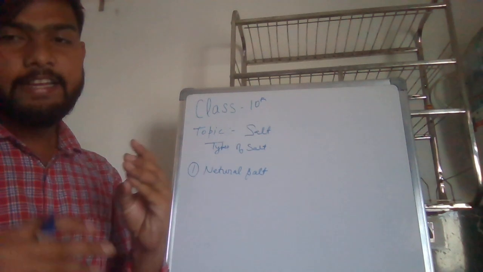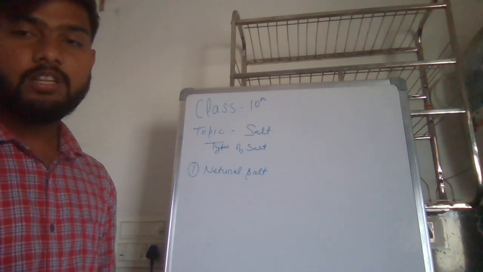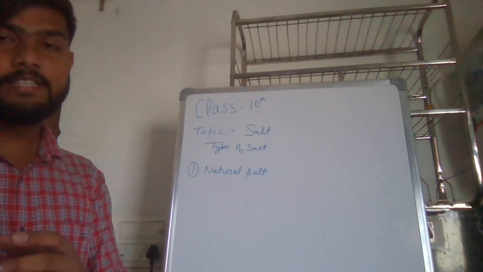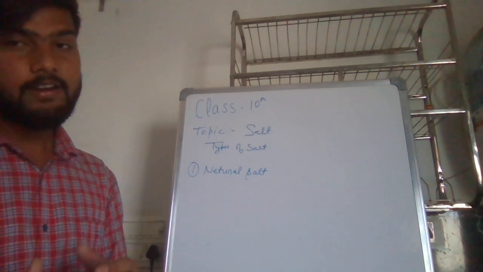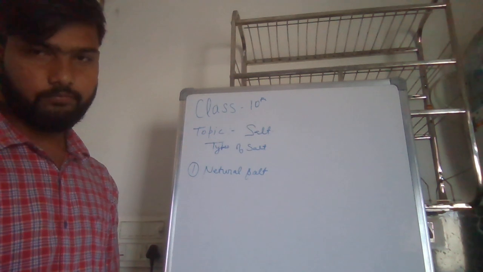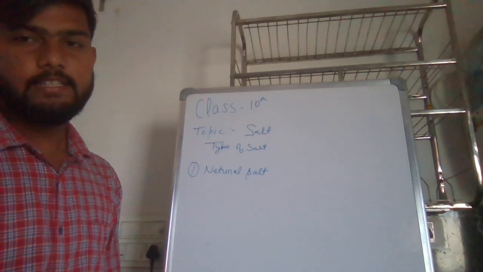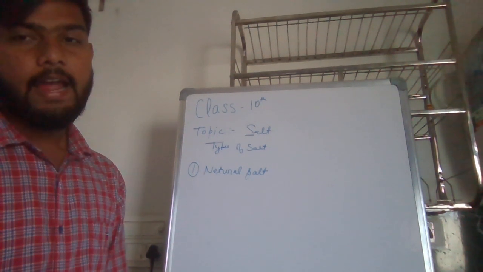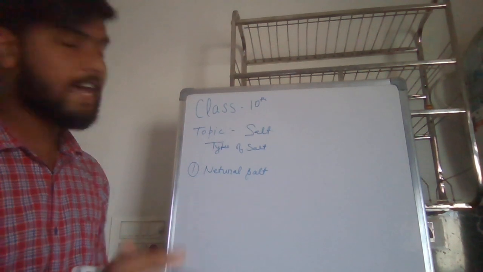Potassium chloride is formed after the reaction between potassium hydroxide, a strong base, and hydrochloric acid, a strong acid.